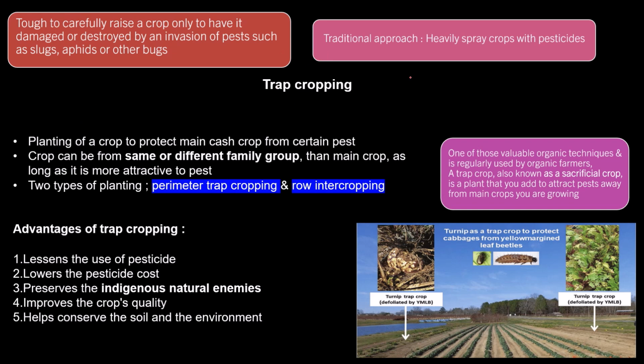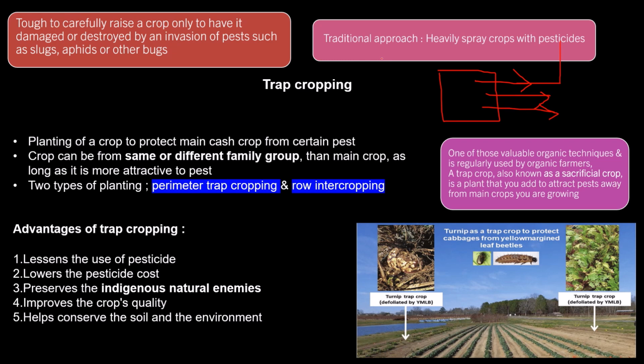Traditionally, if we are going to prevent the attack of insects or pests in a field, we generally prefer using pesticides. This is a heavy approach wherein the field gets disrupted, the crop gets harmed, and we come up with a low yield.